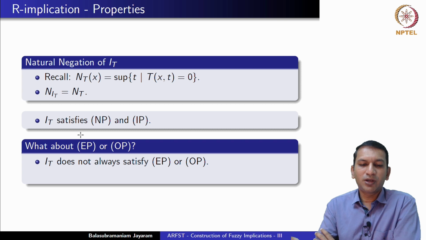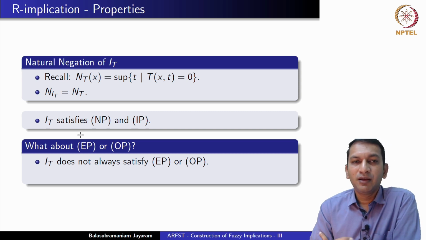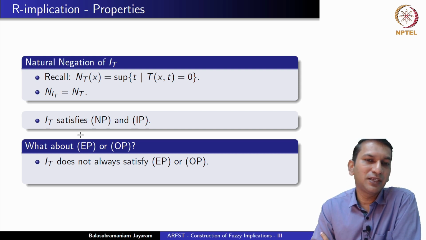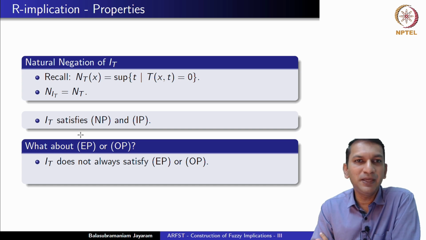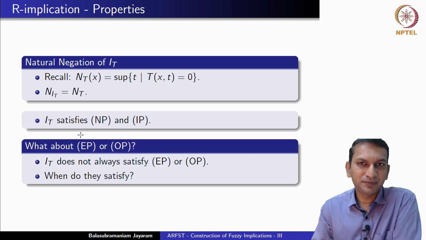The question is, what about the exchange principle or ordering property? Well, not all R implications do satisfy this. We have seen only the basic fuzzy implications, examples from basic fuzzy implications. Of course, all of them satisfy EP, but as you have seen, Weber does not satisfy OP. Now the question is, when do they satisfy this?